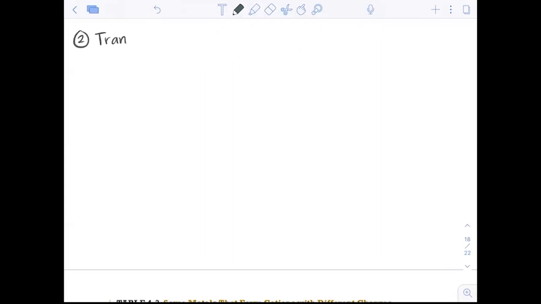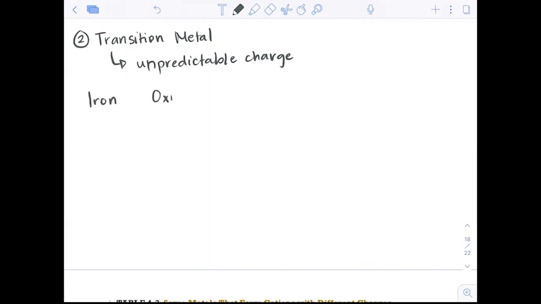For any cation that is a transition metal, we run into a little problem. The problem that we run into is that there are multiple different types of ions, unpredictable charges. So which one are you talking about when you say iron oxide?